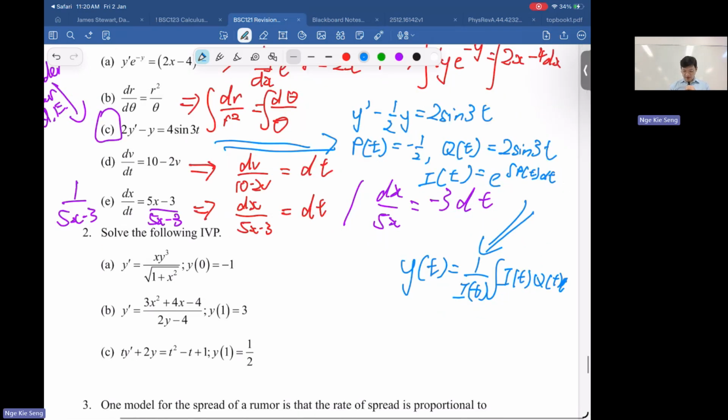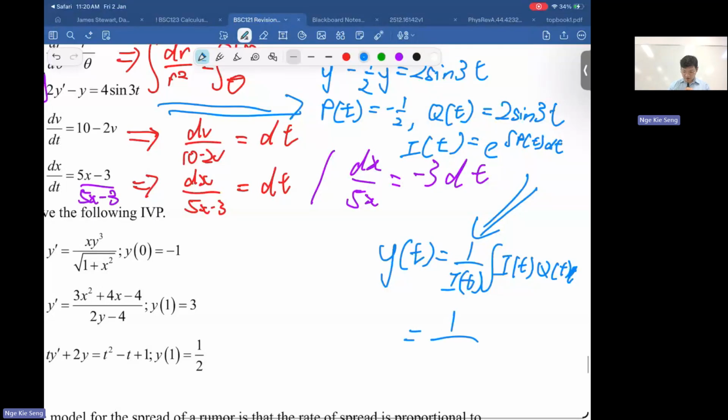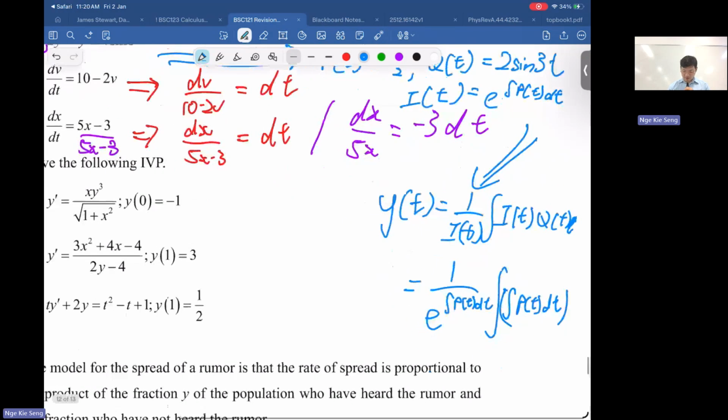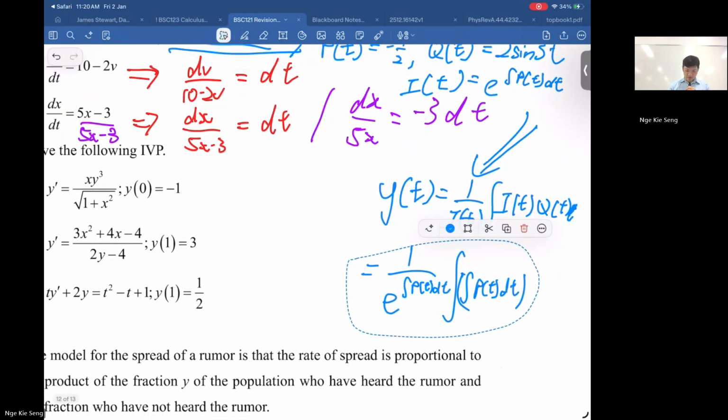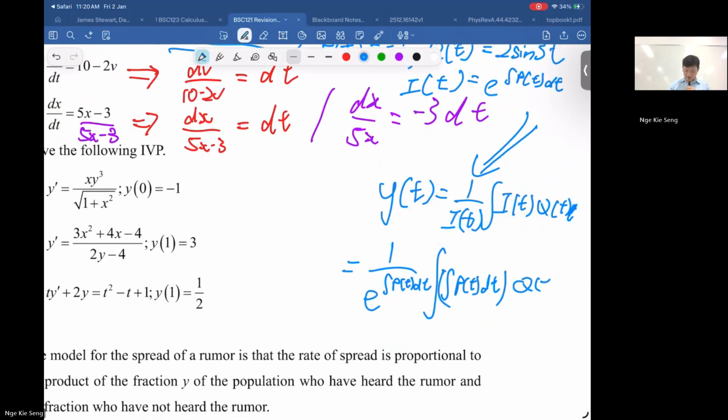If I write everything down, your full solution is 1 over e to the integral of p(t) dt, times the integral of e to the integral of p(t) dt times q(t) dt. So this is your full solution in terms of p(t) and q(t).